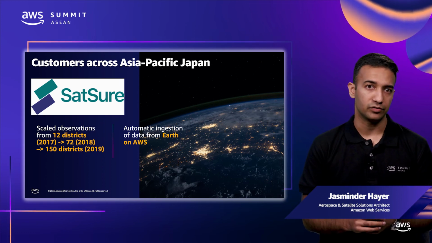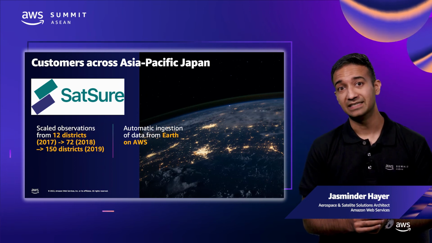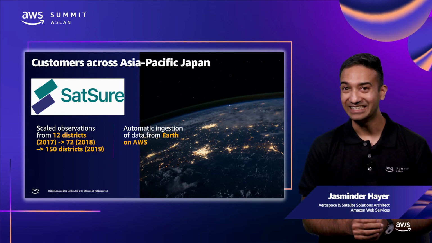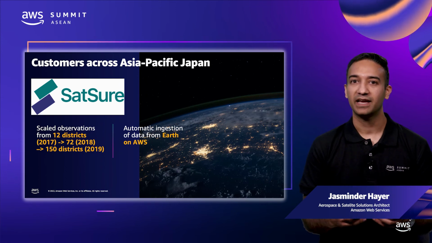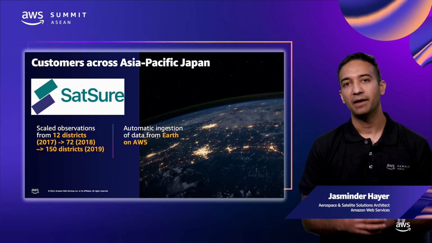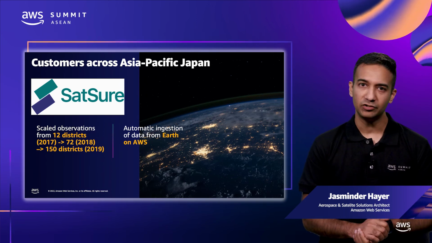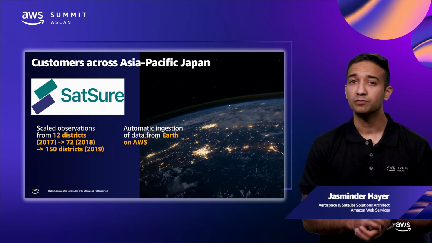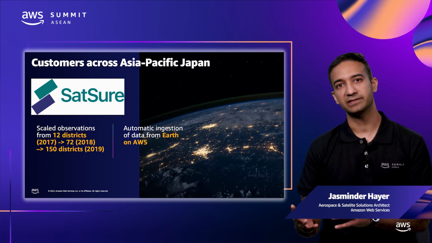Their workloads grew at a scale of observing 12 districts in 2017 to 72 districts in 2018, and in 2019 to 150 districts. They've been able to scale without having to worry about the infrastructure by using AWS services. Satshore has built a data pipeline on AWS, which they use to pre-process satellite imagery and provide analytics to its customers.